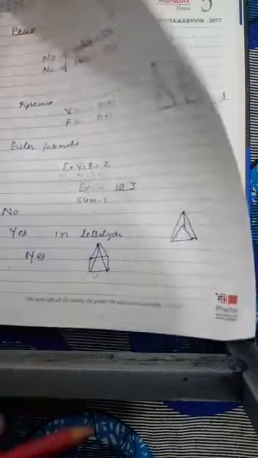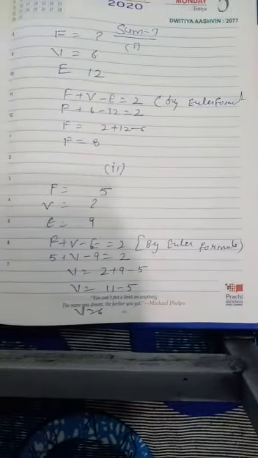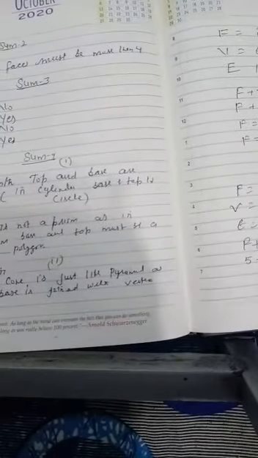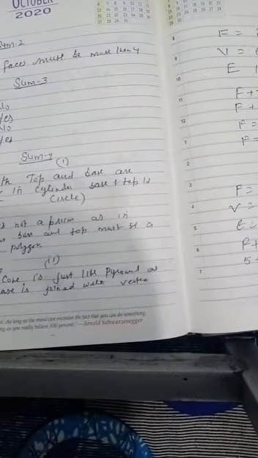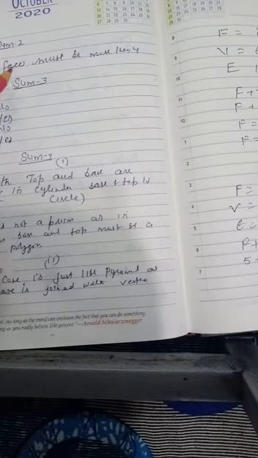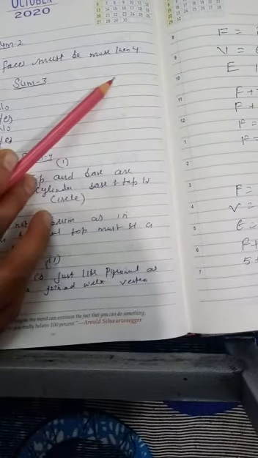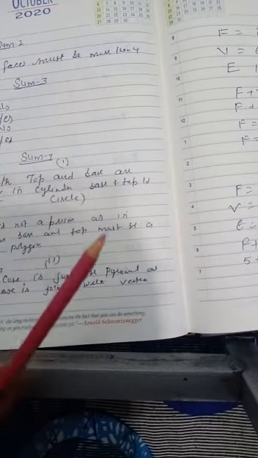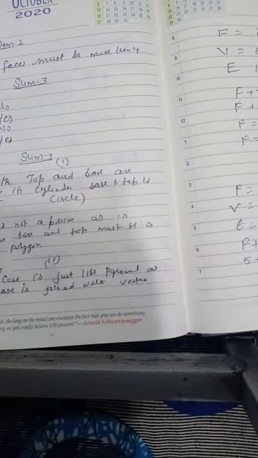Clear? In sum number 2, what he wants to say is, if any number of polygons, any number of faces, is given, can you draw a polyhedron? Yes, it must be possible if the number is more than 4. Because you know the minimum is 3 for a polygon, and the number of faces must be minimum 4.